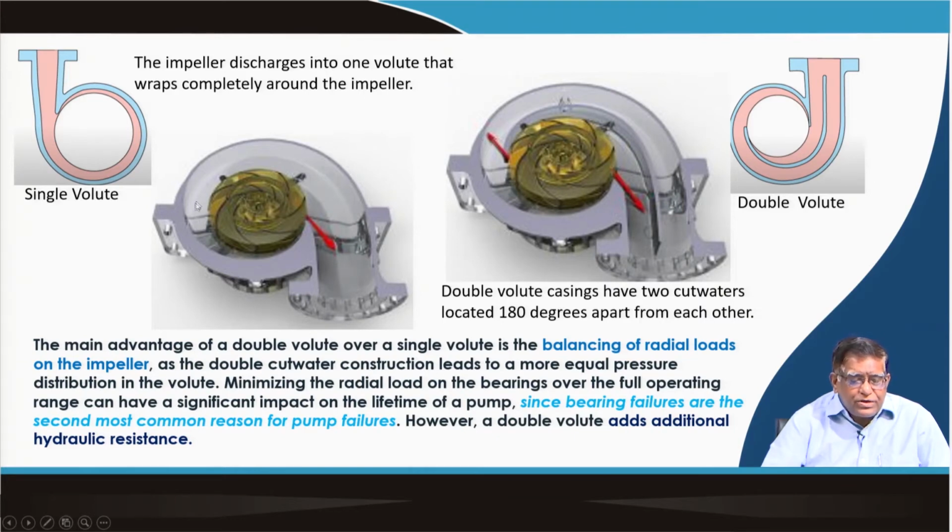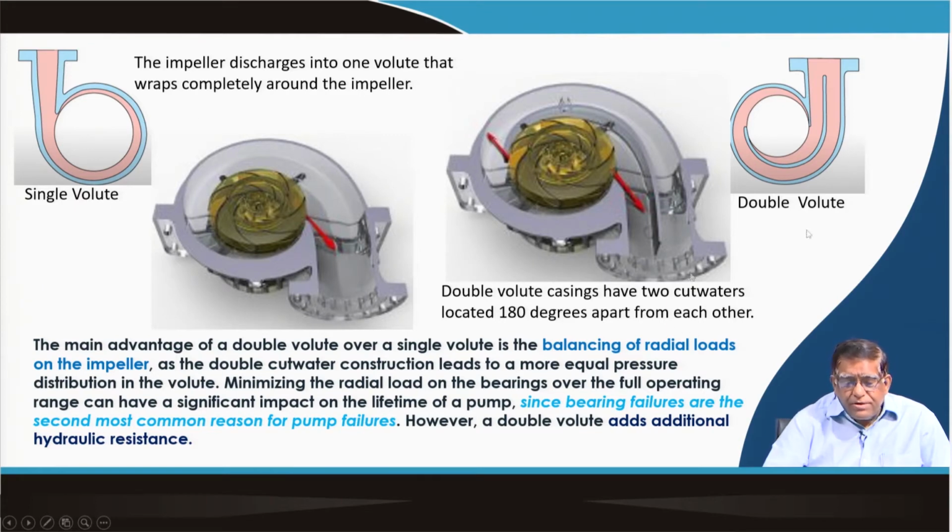You can see in the volute casing the space gradually increases. While drawing your volute casing, this snail-like structure, the width and diameter get increased. Now, this portion is called your reverse, and here you go and deliver the fluid.